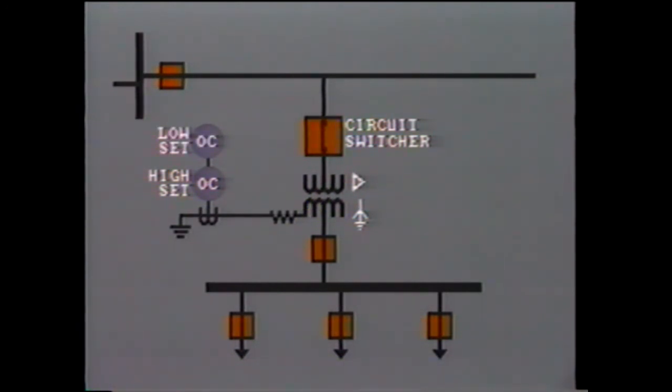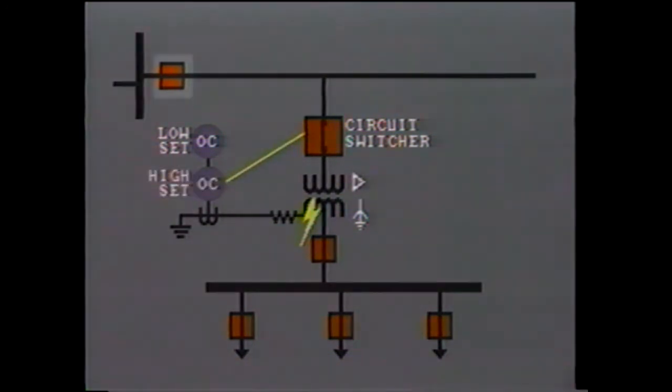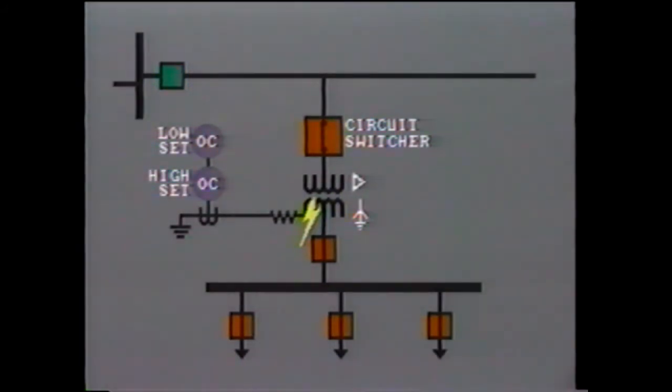If the fault current is above the circuit switcher's interrupting capability, this high-set overcurrent relay picks up instantaneously. This blocks the circuit switcher's control unit from operating and thus the circuit switcher from tripping. Then the remote protection at the substation will register a fault on the feeder and trip the circuit breaker.